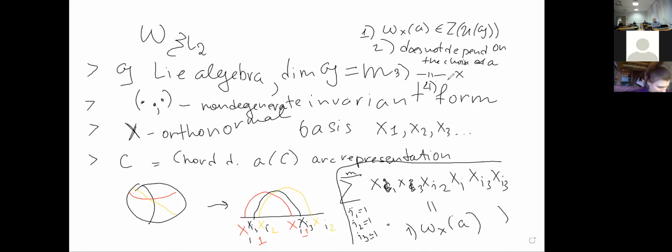And this map satisfies the four-term relation.